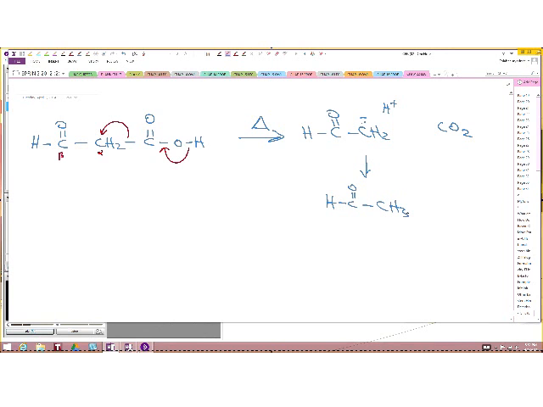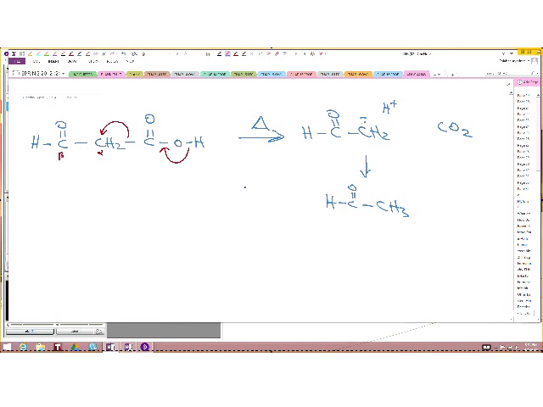So what do we get here? Okay, once again we have lost the carbon dioxide. Anytime you have a carbonyl beta to a carboxyl group and you apply heat, you're going to lose carbon dioxide. And if you start with a ketone, then you're going to get a ketone. If you're starting with an aldehyde, you're only going to get an aldehyde.